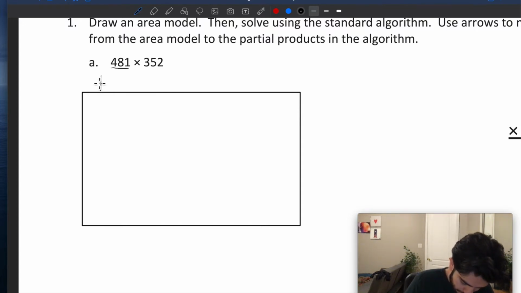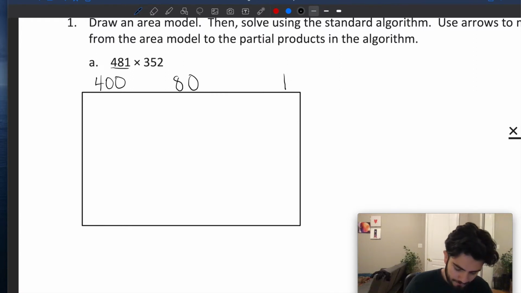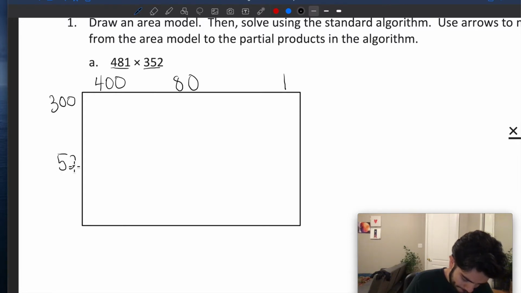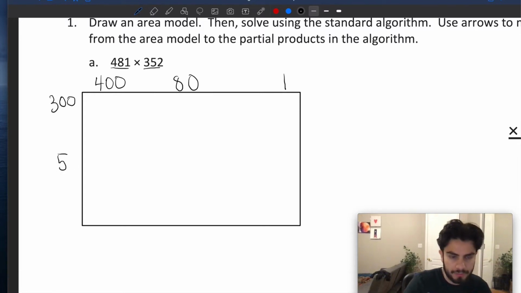I got 480 and a 1. Then I also happen to have 350. Oh, that's my bad. 52.